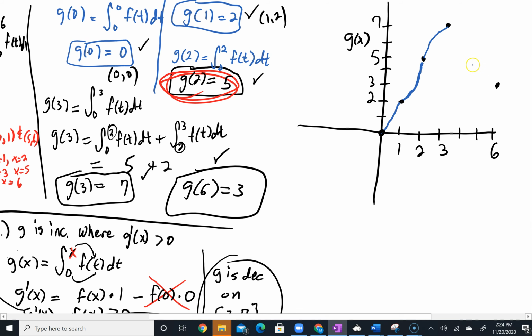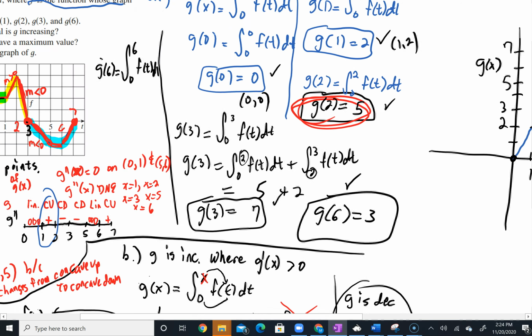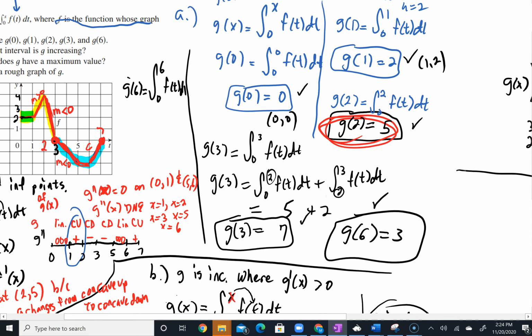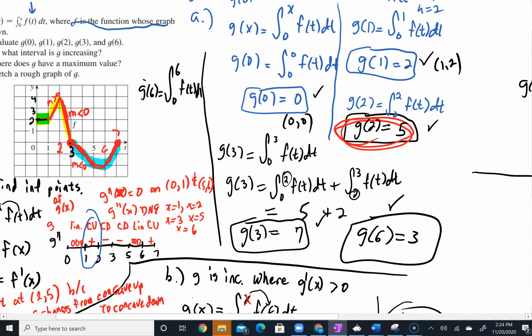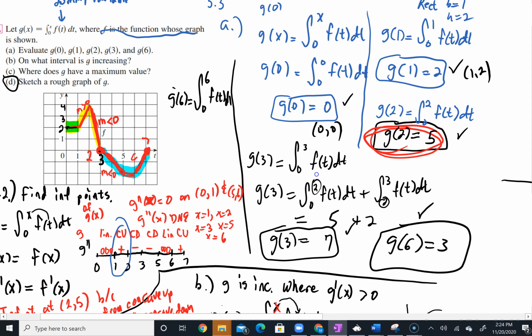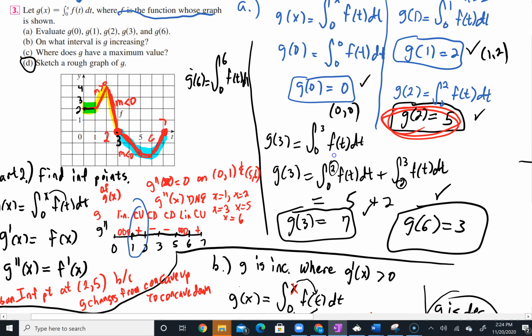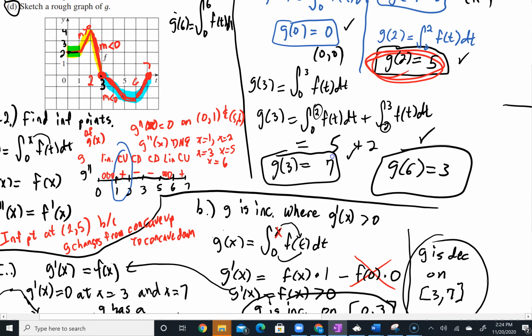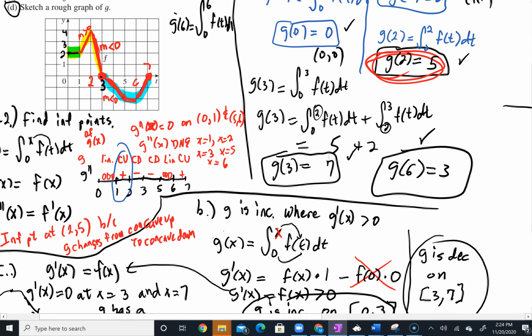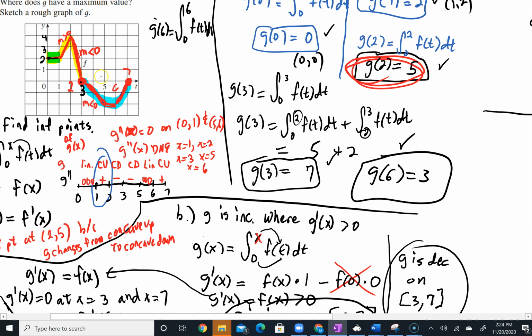Now, of course, we're going to have a corner point. We know that G prime of 3, actually, as you're looking at that right there, well, pardon me, I said that we'd have a corner point. Sorry, I was looking at the graph of the derivative.